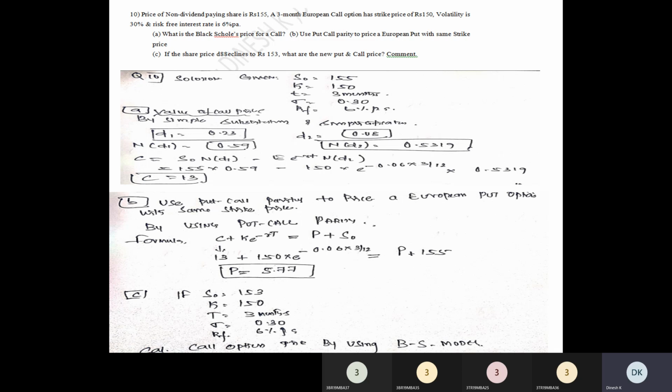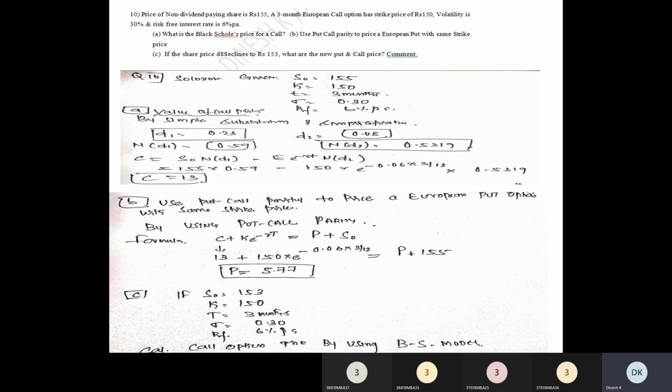The put option is a derivative, S naught is a spot investment. Whereas on the left hand side, you have only the call option. So what put call parity says is that the values of the left hand side portfolio and the right hand side portfolio should be equal. If the values of both portfolios are equal, there is no arbitrage opportunity. If the values are different, there is an arbitrage opportunity.